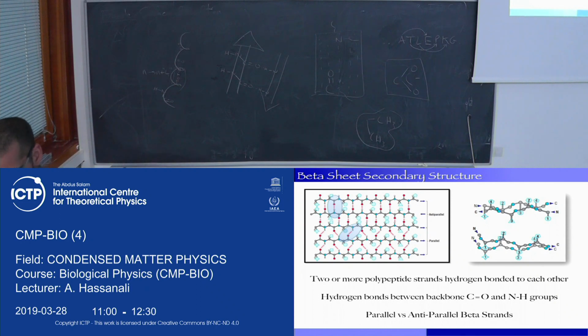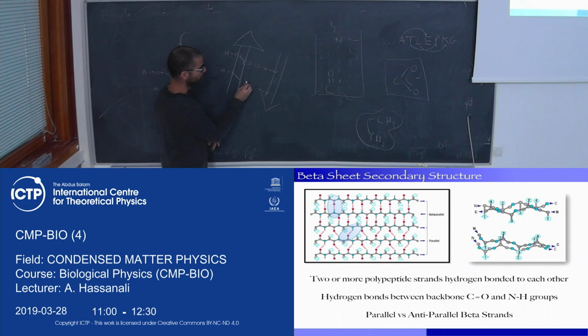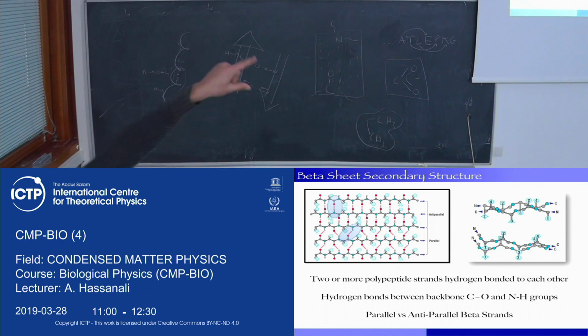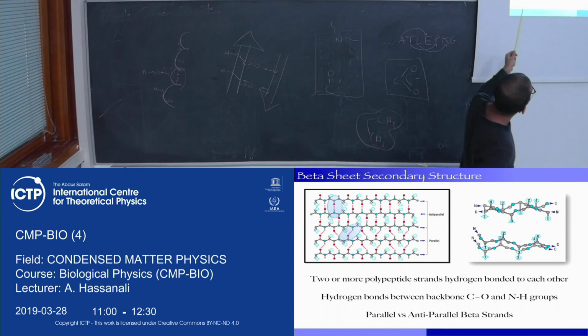Instead of just interacting with van der Waals interactions, now they have these bond dipoles that interact this way. And this is shown pictorially here. So this is a beta sheet.